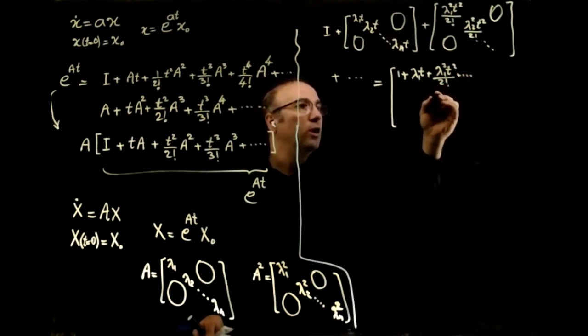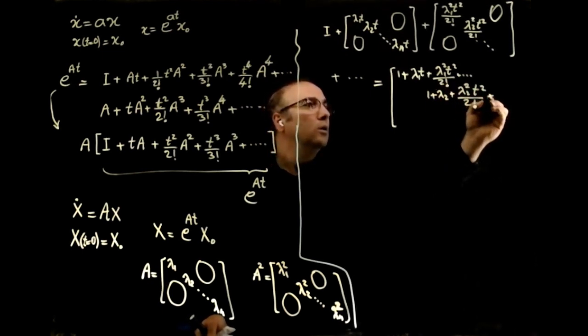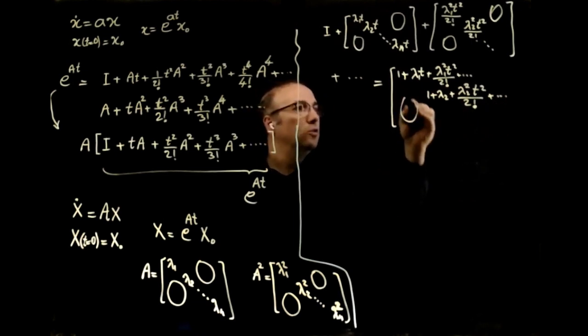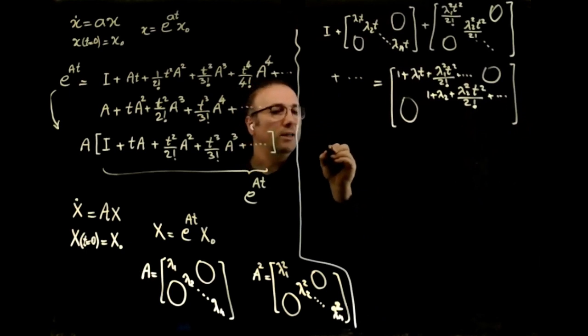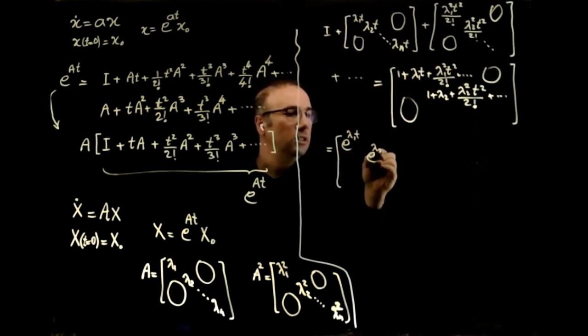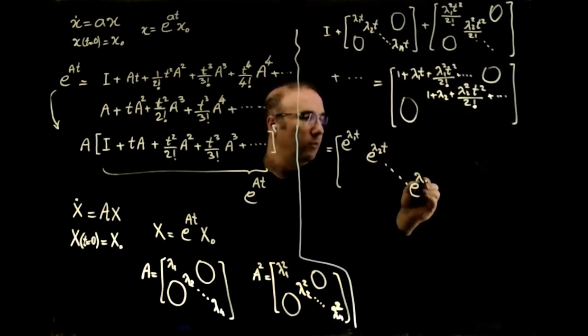And the same thing for lambda 2, all the other terms, and a bunch of zeros. So we can write this as e to the power of lambda 1 t, e to the power of lambda 2 t, and e to the power of lambda n t.